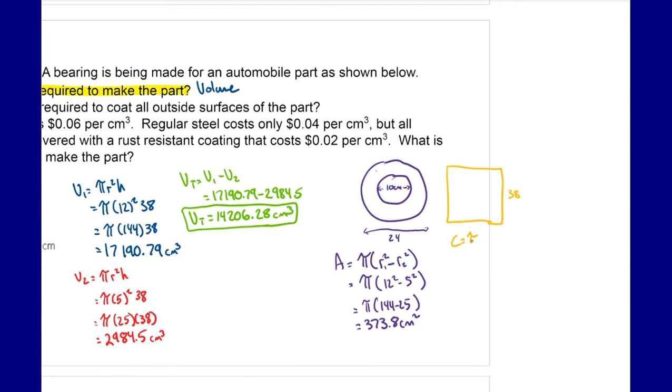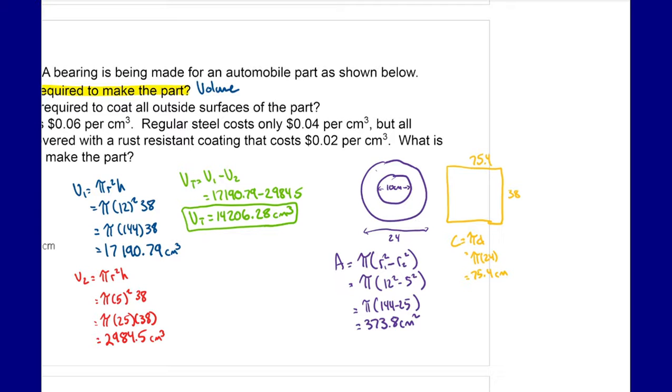C equals pi times diameter. In this case, we just use the overall diameter. So pi times 24, which works out to 75.4 centimeters. So that gives us the width, or the length, you could say, whatever you want to argue.